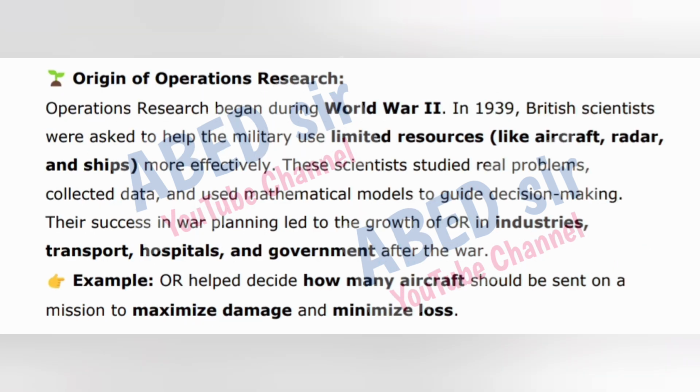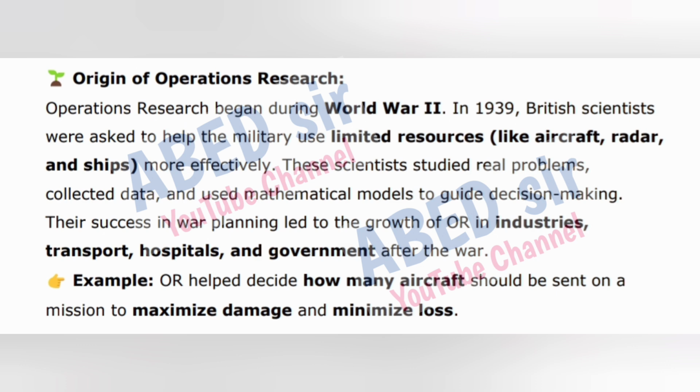Origin of Operations Research. Operations research began during World War II. In 1939, British scientists were asked to help the military use limited resources, like aircraft, radar, and ships, more effectively.